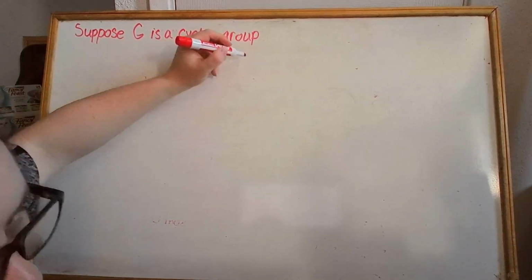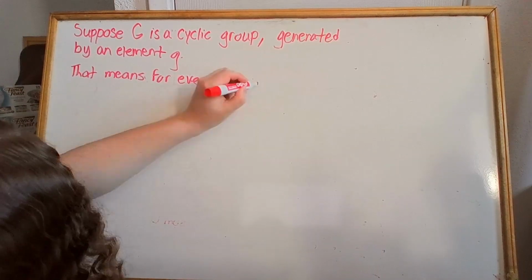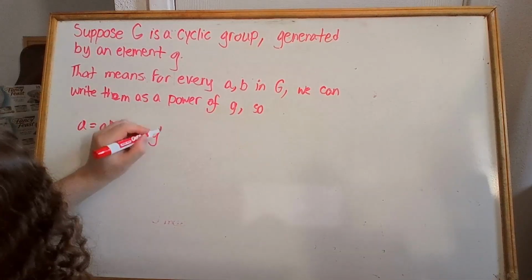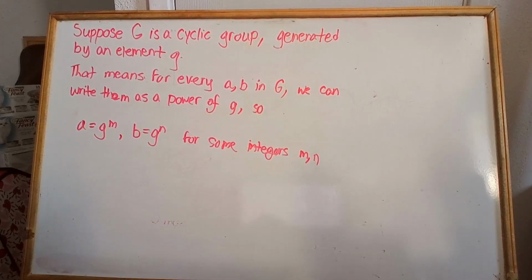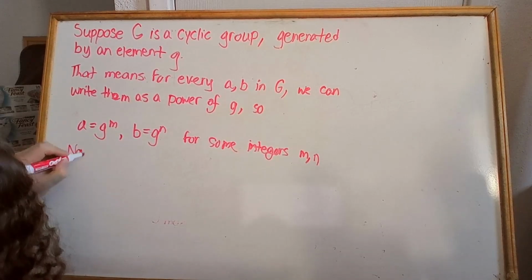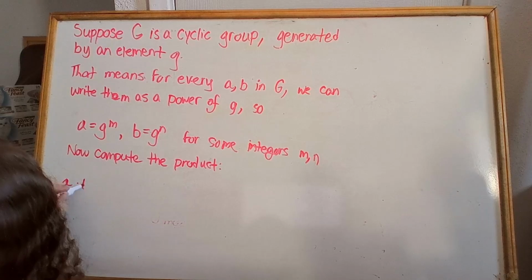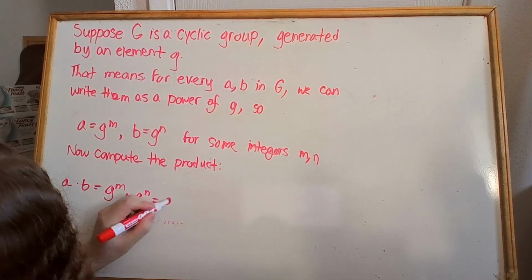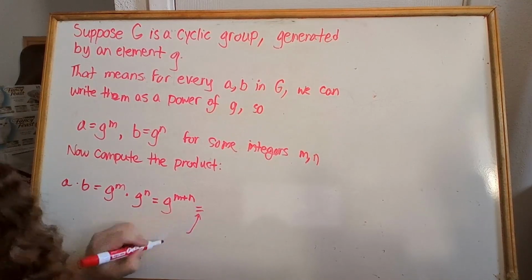Let's take it slowly. Suppose G is a cyclic group generated by an element g. That means every element in the group can be written as a power of g. A equals g to the m, B equals g to the n for some integers m and n. Now compute their product. A times B equals g to the m times g to the n equals g to the m plus n, and B times A equals g to the n times g to the m equals g to the n plus m.